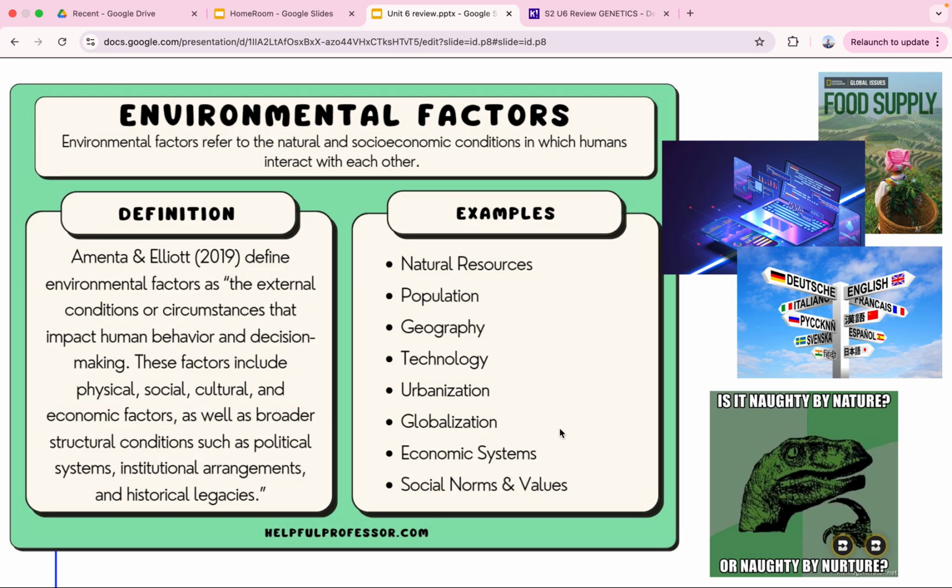Examples of environmental factors that affect humans, not just the way we look, but the way we behave, the way we survive, the way we act, would be our resources, where we grew up, geography, topography, population wise, our access to technology, culture, social norms and values. All of those things are not inherited, rather learned.